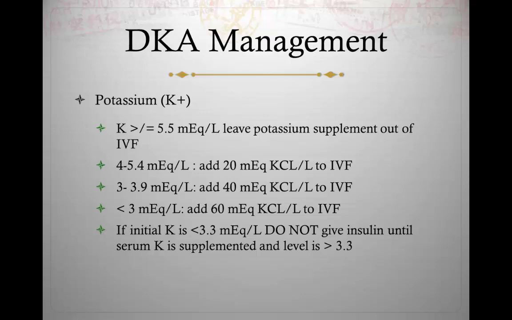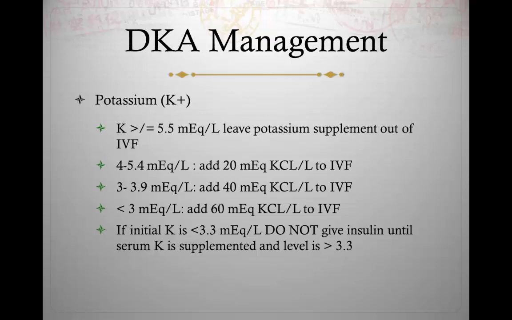When the potassium is 4 to 5.4, you could add 20 milliequivalents to it. When it's 3 to 3.9, the same, or when it's less than 3, you have to add 60. If the potassium is less than 3.3, do not give insulin until the serum potassium is supplemented.